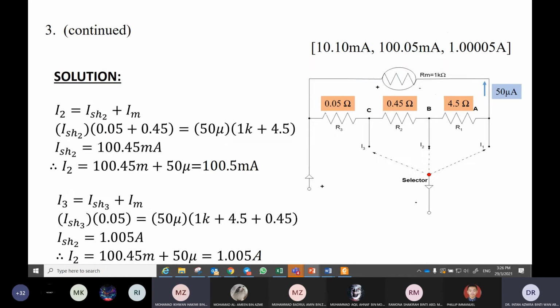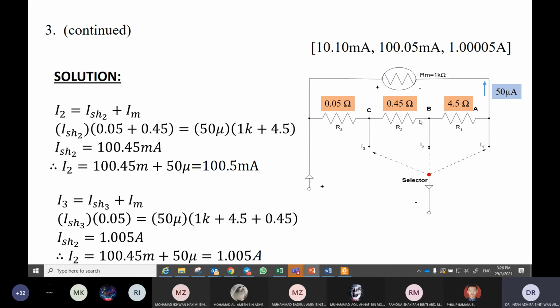Yes. Okay. So this is where the selector is tapped at I2. At I2 is equal to I shunt 2 plus IM. But now I use V is equal to V. V shunt is equal to VM. So V shunt 2 is equal to I shunt 2 multiply with R shunt 2.